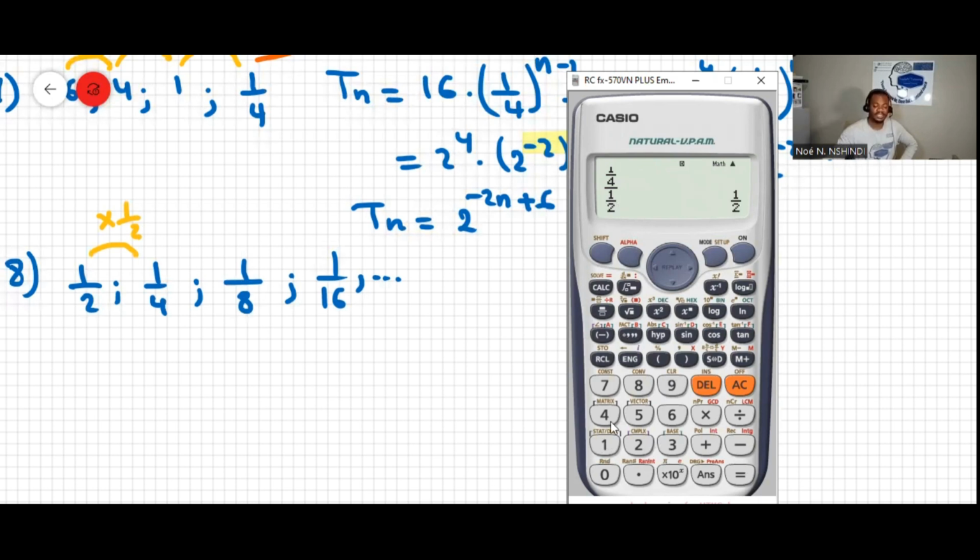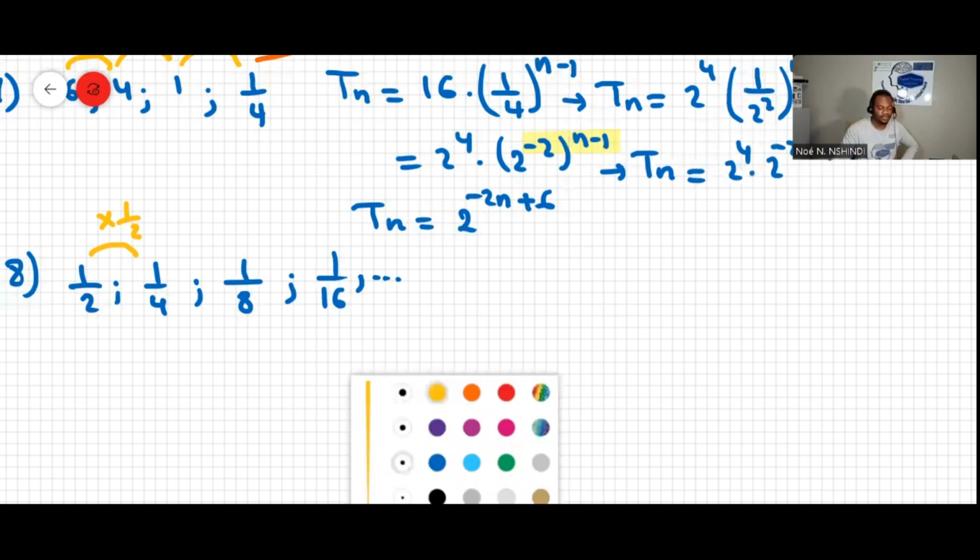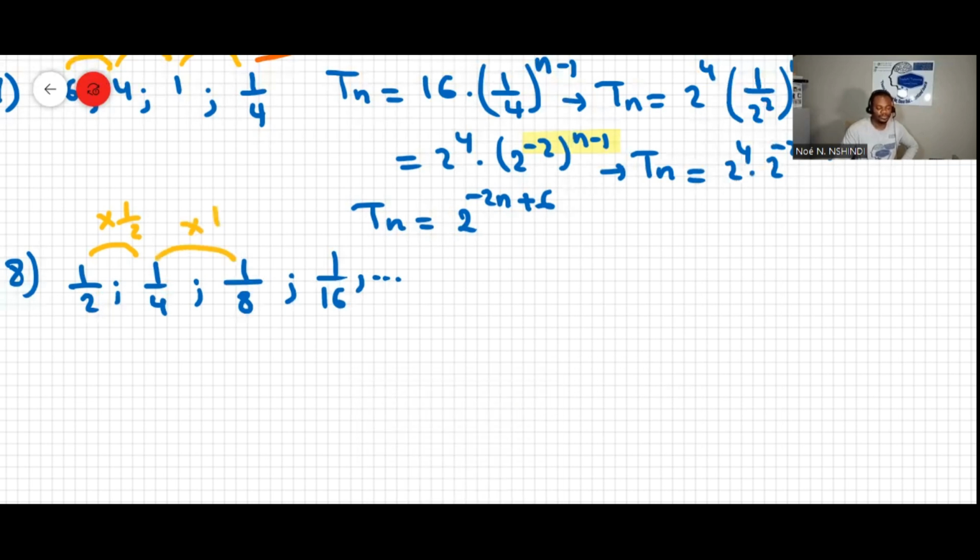So it means we times by a half. Try again with just 1 over 8, the third term. Divide that by a quarter, 1 over 4, and then see what the answer is, a half. So it means it will have a constant ratio of a half all the time.